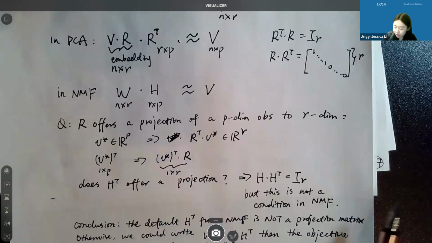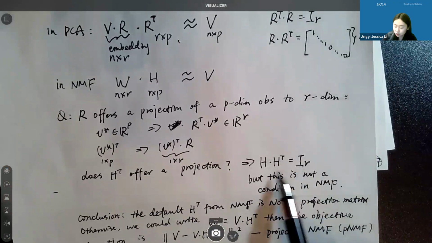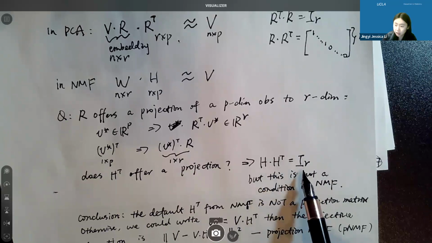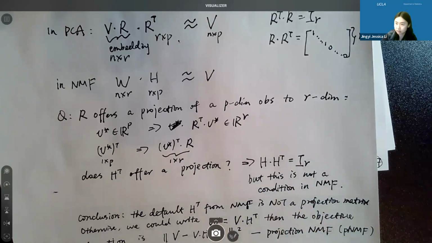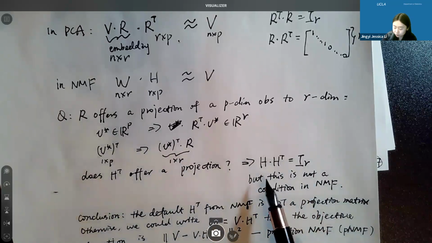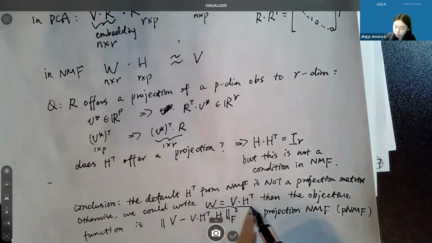In the new PNMF, what we just added is this new requirement that H times H transpose is equal to identity R, the R-dimensional identity matrix. That's the only thing we added. We didn't drop the non-negative constraint. So therefore, by calling it projection, we are saying that this is the projection result.